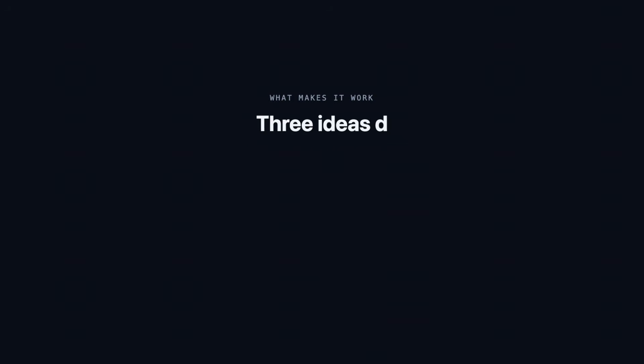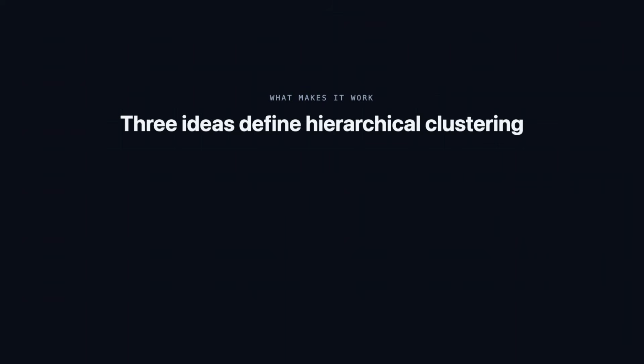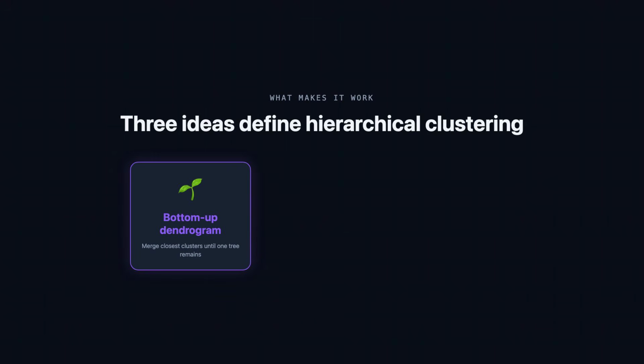Strip it all down, and three ideas make hierarchical clustering work. It builds a tree from the bottom up. Every point starts alone. The two closest clusters merge over and over, and the record of those merges becomes a dendrogram, a branching picture whose heights reveal how similar the groups were the moment they joined.